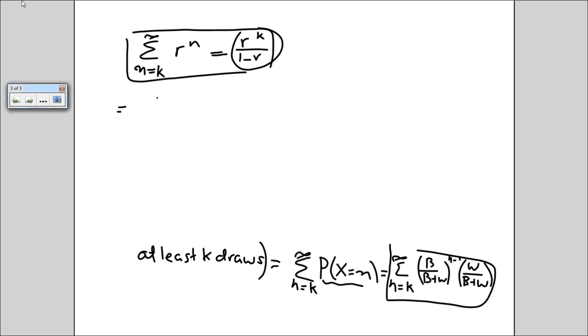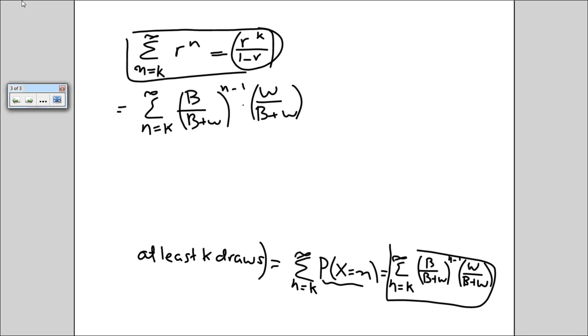It equals the summation as n goes from k to infinity of b over b plus w to the n minus 1, times w over b plus w. There are two factors. Factors are things that are multiplied.